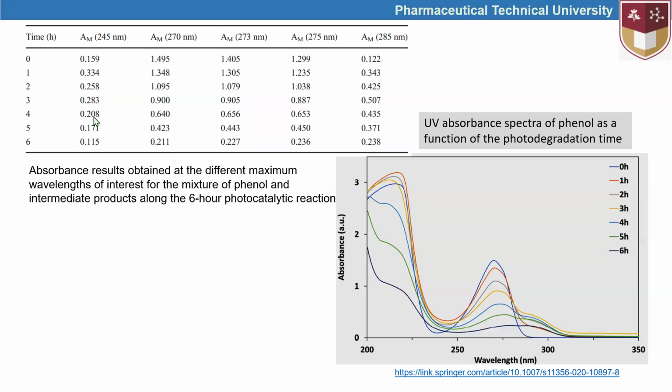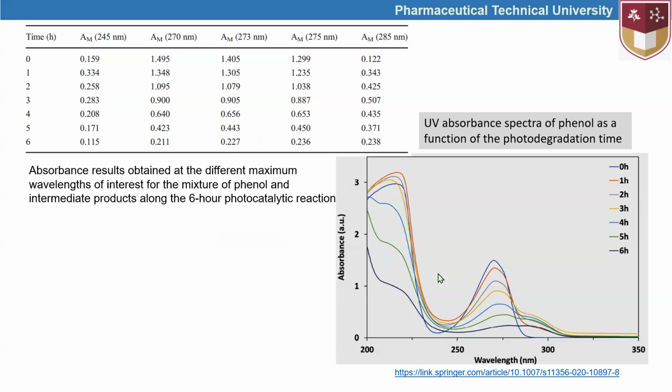And here we can see a differing tendency at around 245 nanometers. At the zero level at around 245, and then as time goes by, we can see some increasing tendency and then lowering.